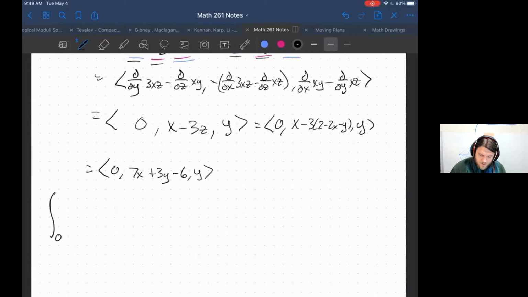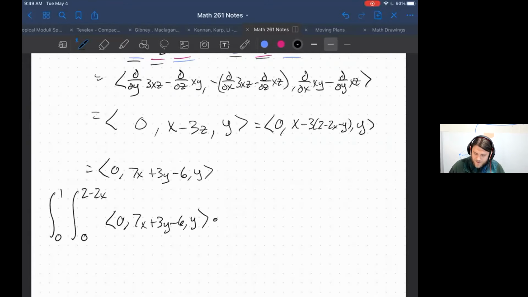And plugging this all back into a surface integral, we have 0 to 1, 0 to 2 minus 2x for our y bounds. 0, 7x plus 3y minus 6, comma y, dotted with 2, 1, 1, dy dx.